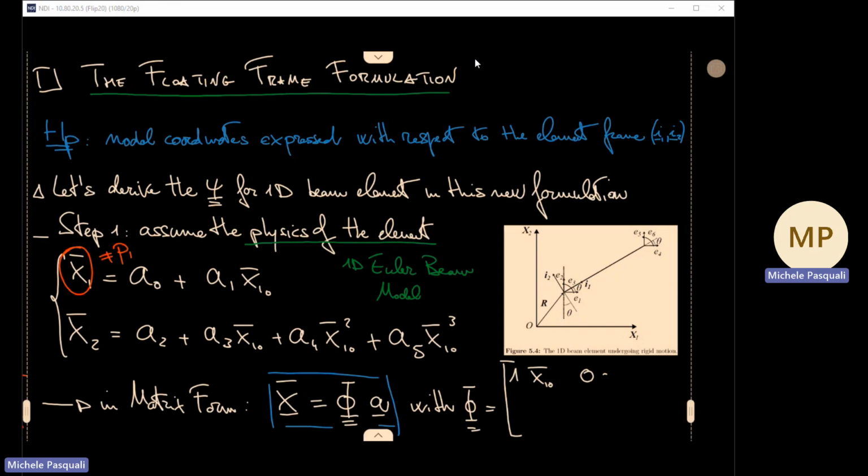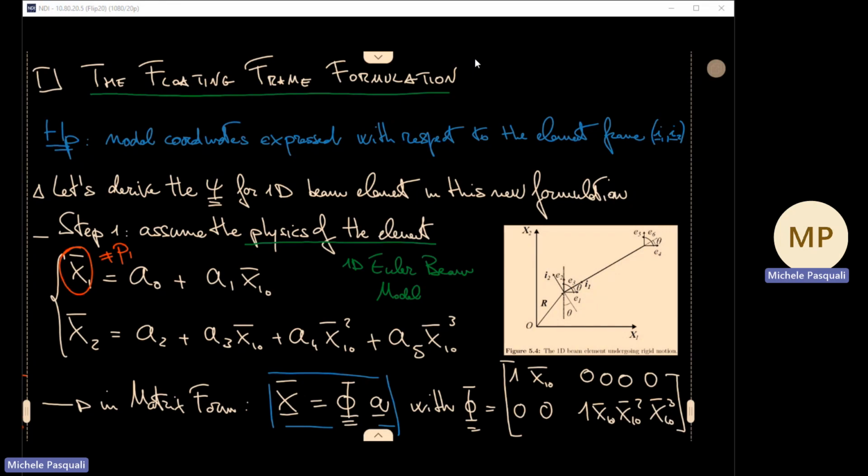Why is it the same? Well, because the functional dependence is the same. We have always chosen the same Euler beam model, okay? So the parameterization is the same. That's why we get the same matrix here as before.